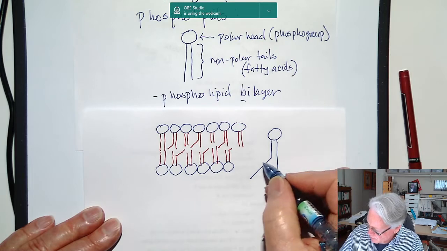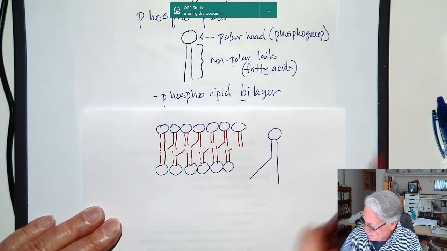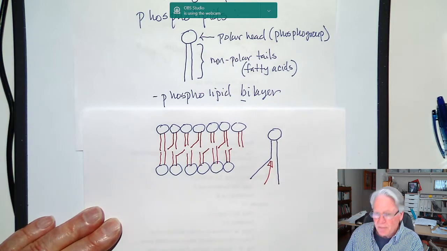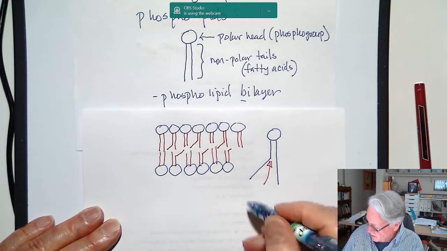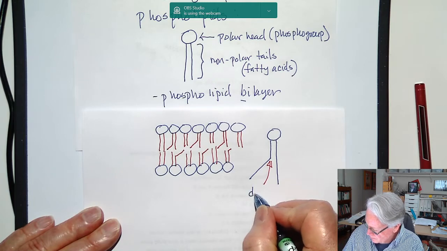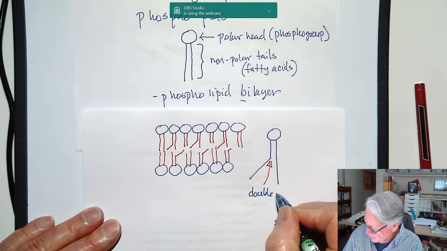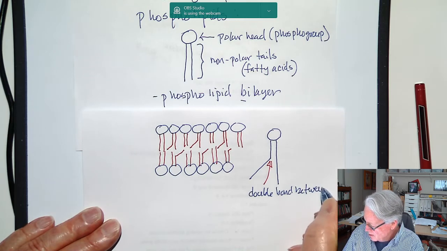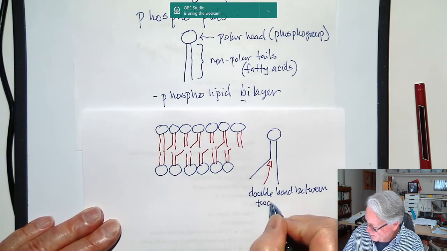Let's go ahead and pull out one of those. What we have here, that point right there, is a double bond between two carbons.